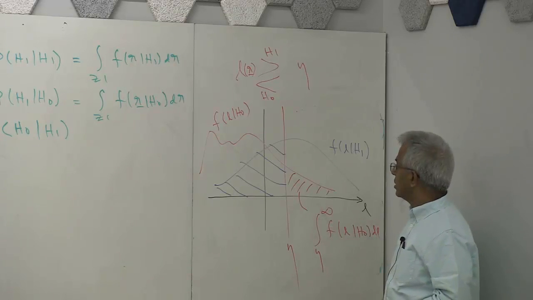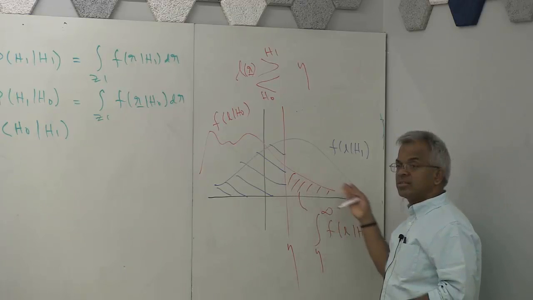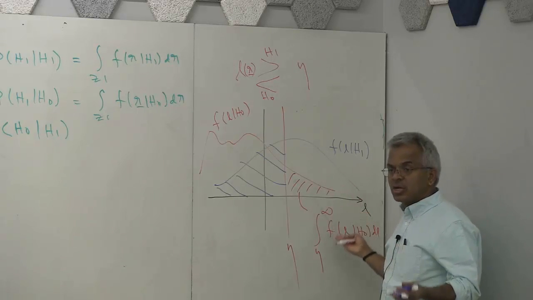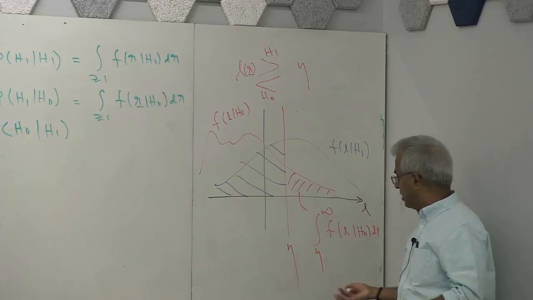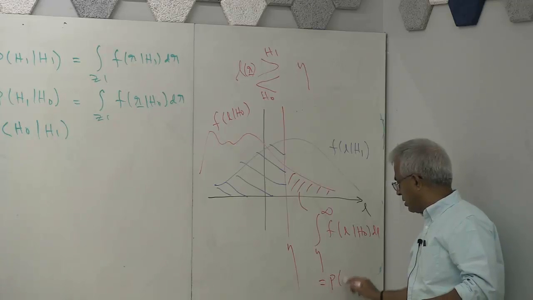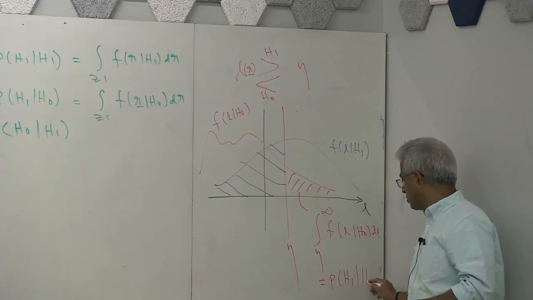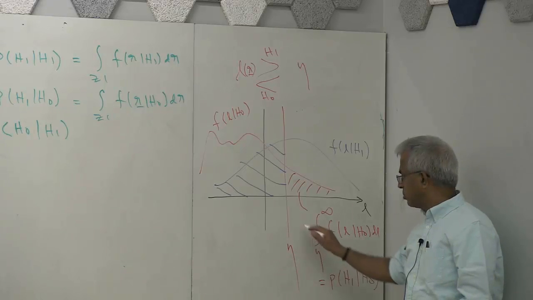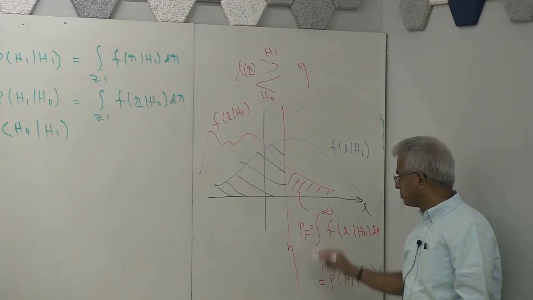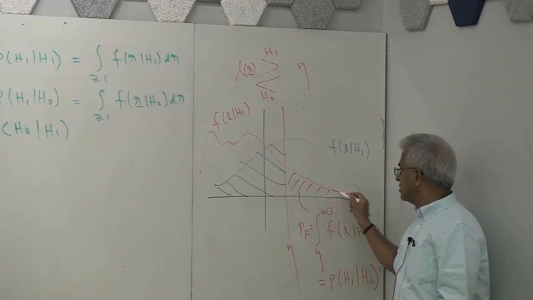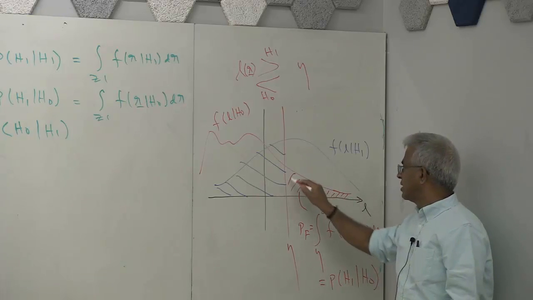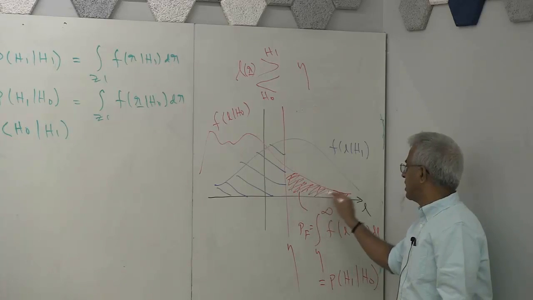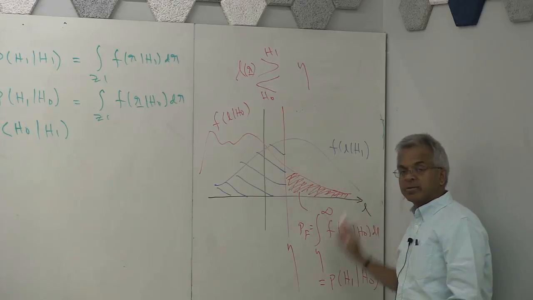Why will you do that? That means L exceeds the threshold. If L exceeds the threshold, you are deciding in favor of H1 when H0 is true. And what did you say? Right, that's the probability of false alarm. So physically you can see that this area, this tail, represents the probability.